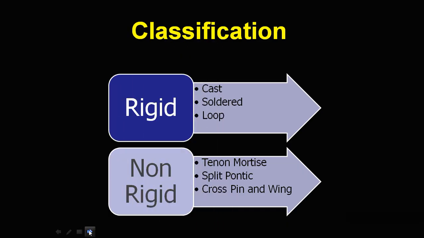To classify connectors in FPDs, we have broadly two categories: rigid connectors and non-rigid connectors. Rigid connectors include cast connectors, soldered connectors, and loop connectors. Non-rigid connectors include tenon mortise connector, split pontic connector, and the cross pin and wing connectors.